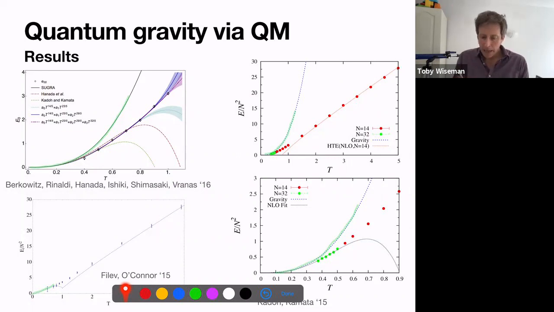Again you see the same thing. So energy over temperature, you see this linear behavior changing to be consistent with this dashed line, which is this black hole behavior. So it really does seem that at low temperature, you're getting the right behavior.